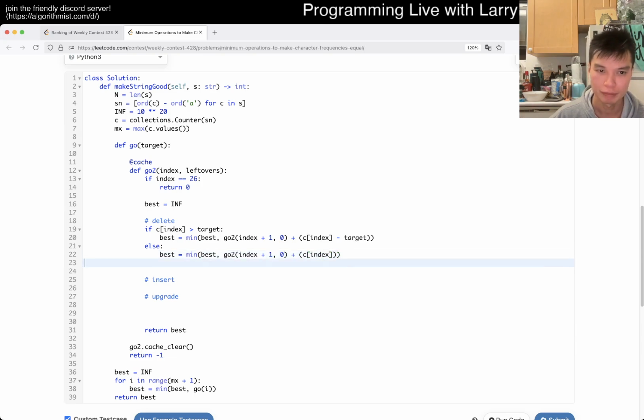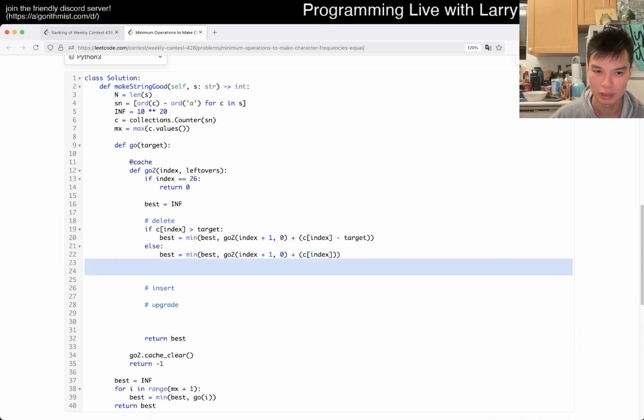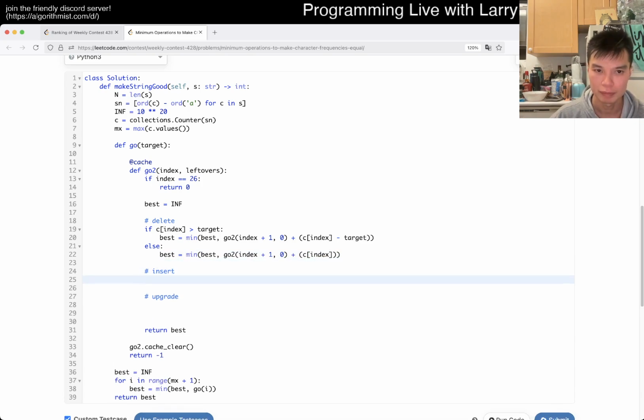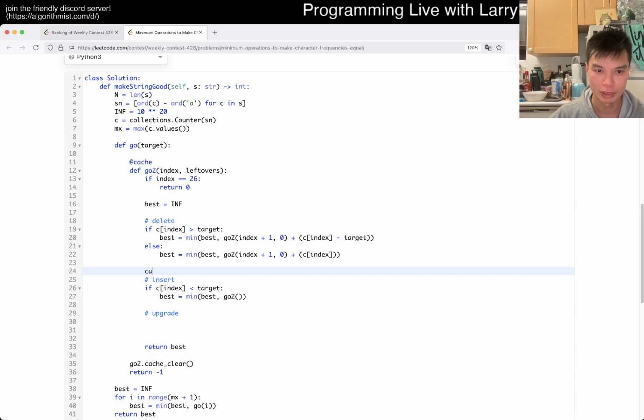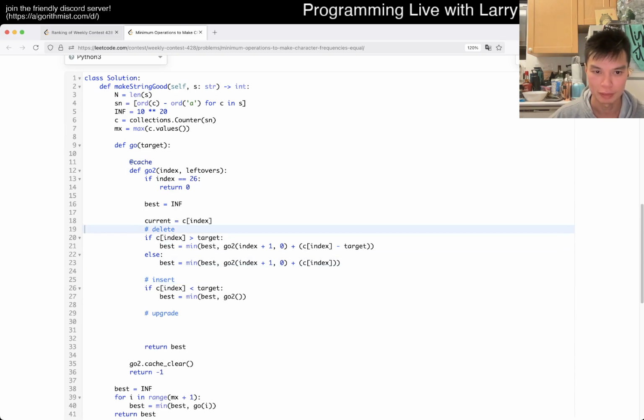Okay, I think those are the deletes, right? And we don't have to use leftovers because, well, we wouldn't, right? So if C of index is less than target, then best is equal to min, best go to, well, let's see. How do I want to write this, right? So maybe current is equal to C of index, right? Let's write it this way.